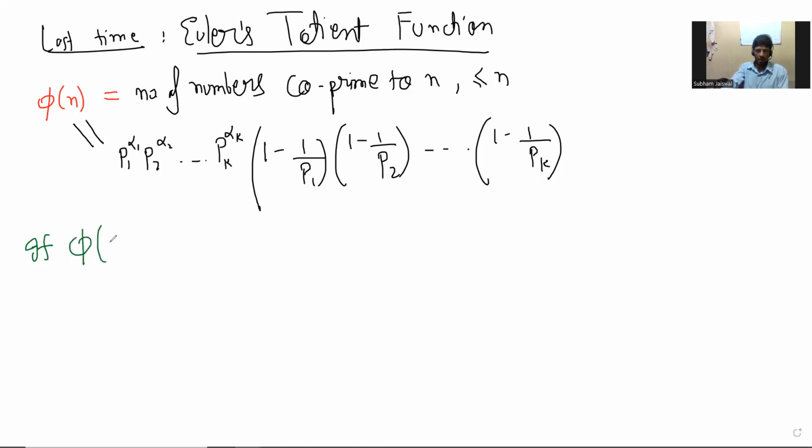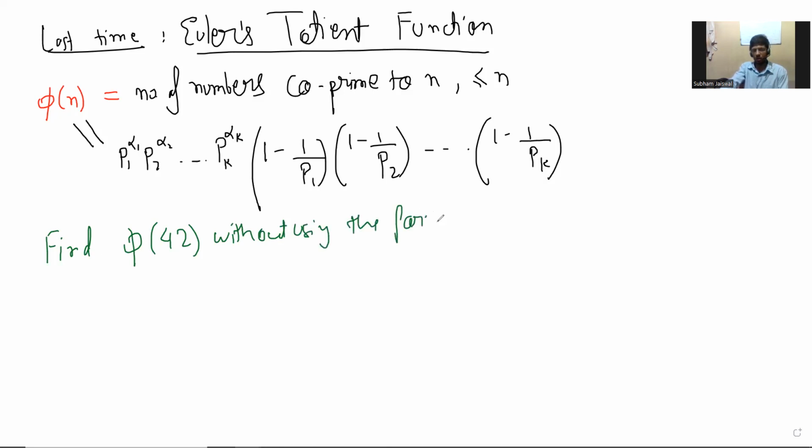Sorry, let me just say this. Find phi of 42 without using the formula. Let's see how you do it. So I just want to know how you would find out phi of 42.